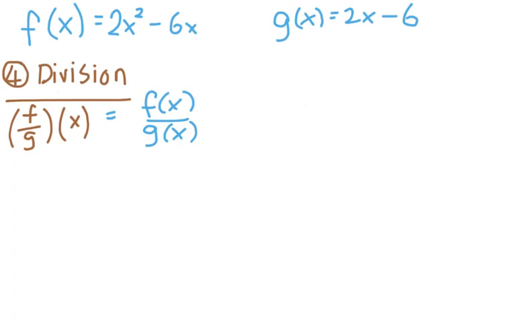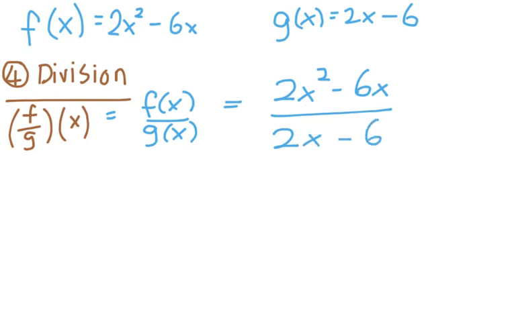Okay, so this one also the same thing. Substitute with the function into the operation. So what you are going to have here is 2x squared minus 6x divide with 2x minus 6.